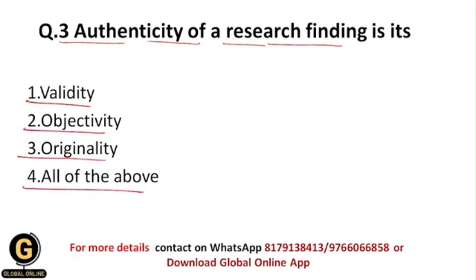So this question is somehow tricky, students. So let us see how. So basically students, validity means to what extent your results are that much true, so that you can generalize your results to the other situations.